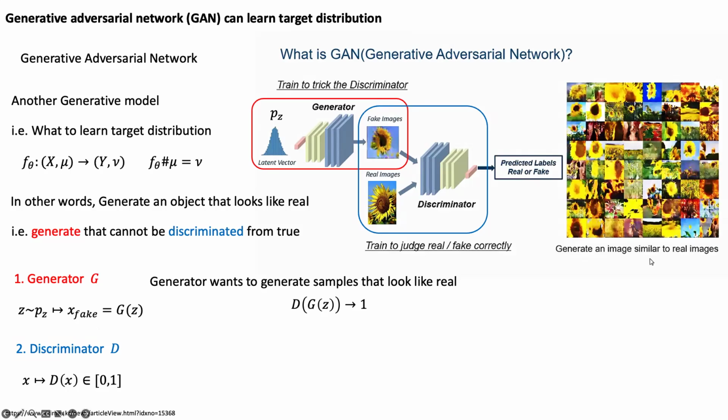High probability means high reality, more realistic. On the other hand, the discriminator wants real images to converge to 1 and fake images to converge to 0. So it wants to discriminate real and fake images.